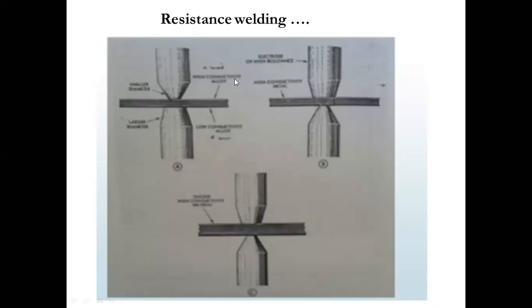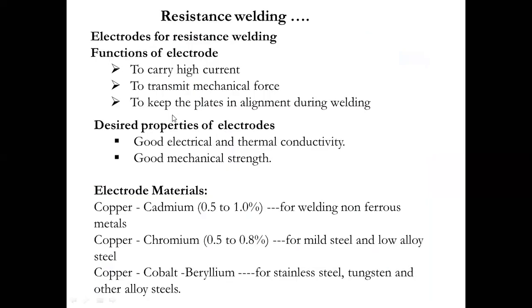So high conductivity materials will have less diameter of electrode. Low thermal conductivity or low electrical conductivity materials will have more diameter, or the diameter of the electrode tip will be more, right?